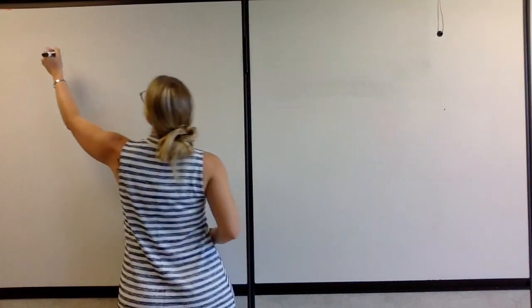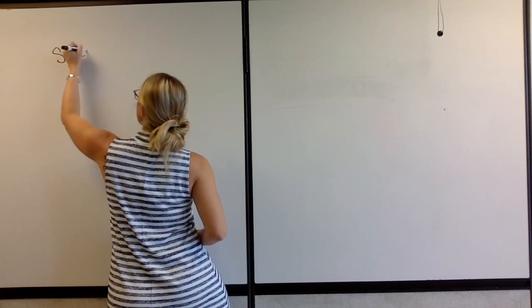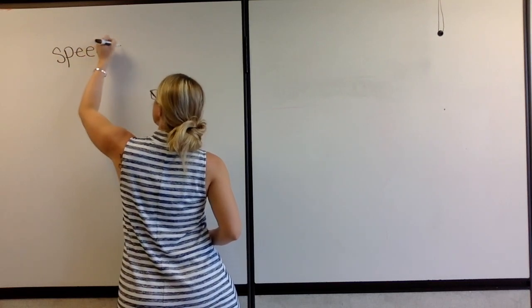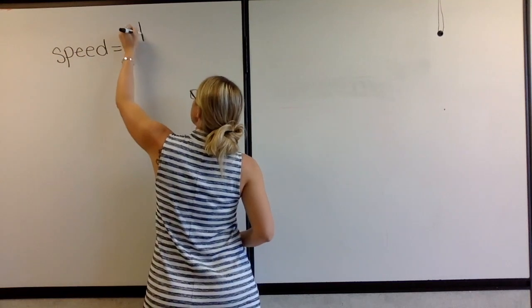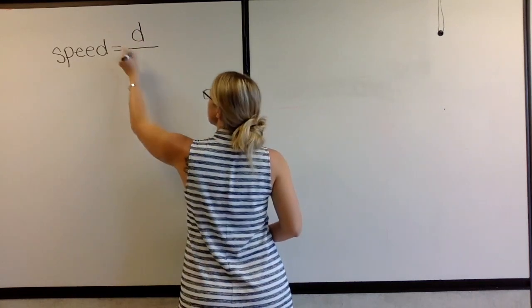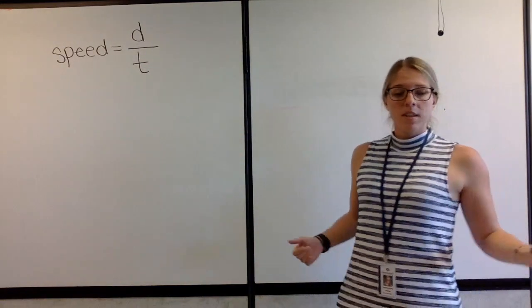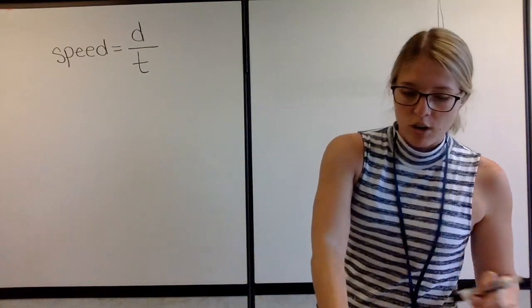Okay, so folks, remember, our formula for calculating speed is going to be speed is equal to distance, I'm going to abbreviate that as D, over time. So let's take a look at some of the data points that we have for this first trial.